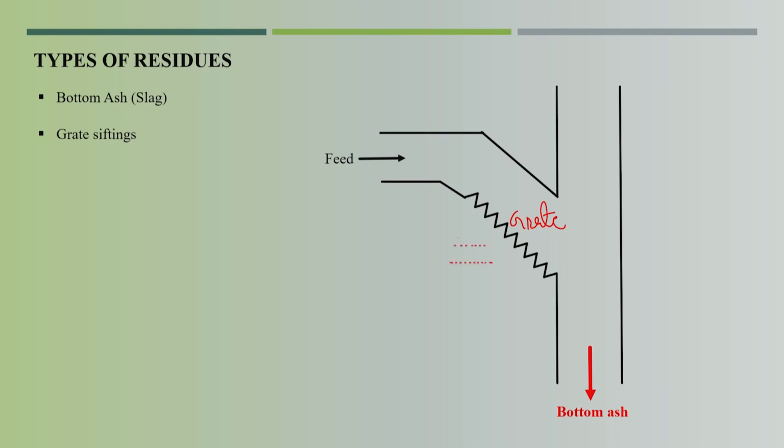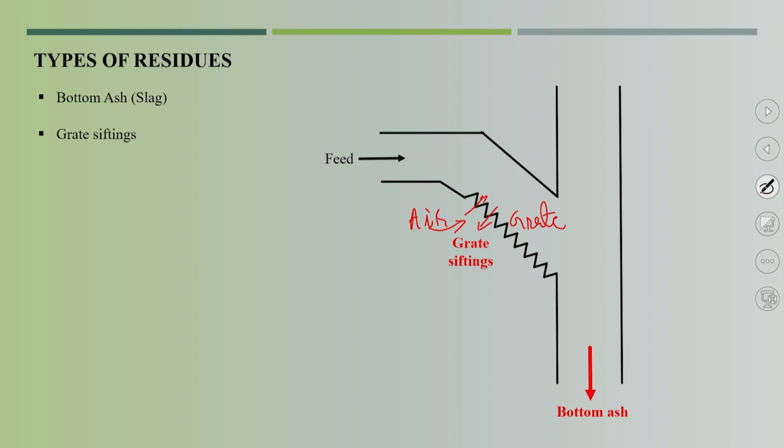Next is the grate sifting. The grate sifting comes out from the openings in the grate, because the entire combustion is under air. You need to provide air from the bottom of the grate for the complete combustion of the waste. Through these openings very fine particles come out, which are called grate sifting.